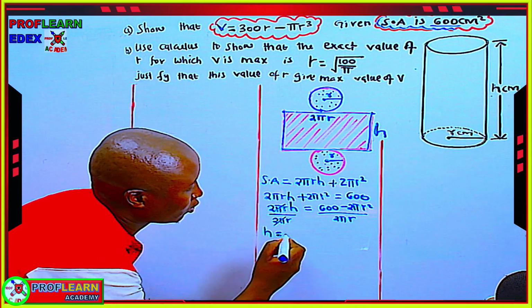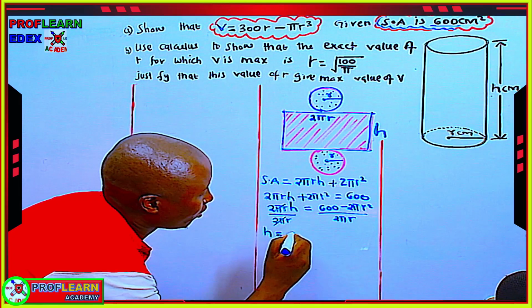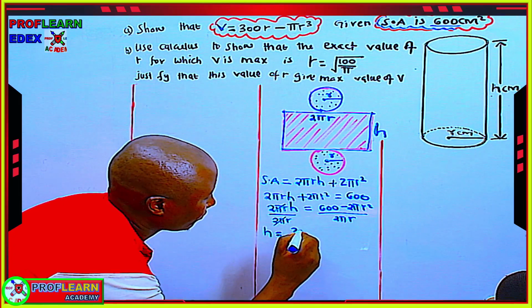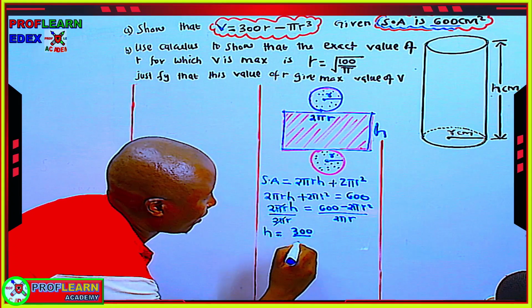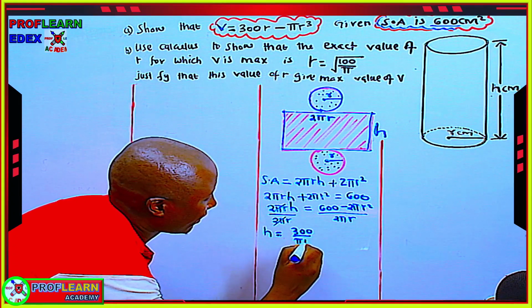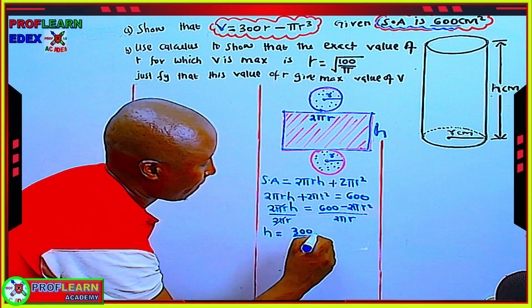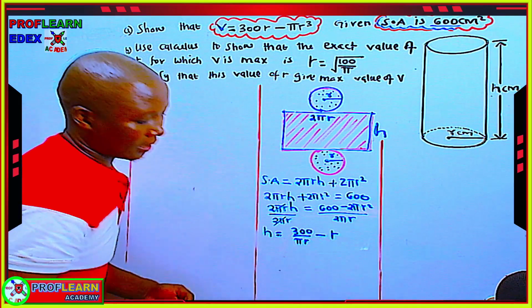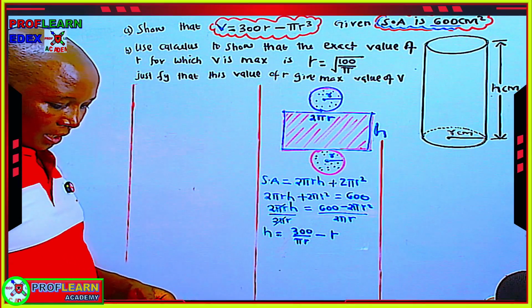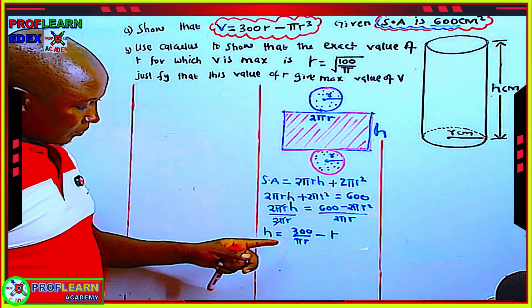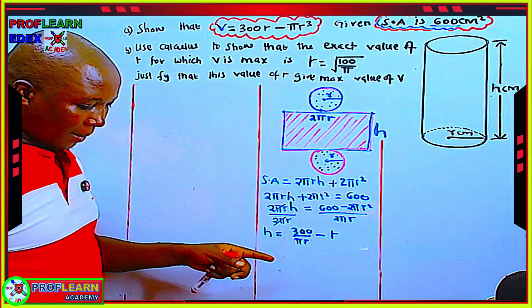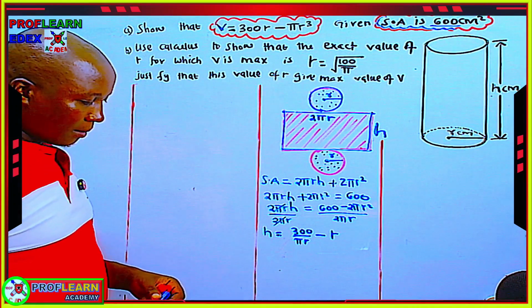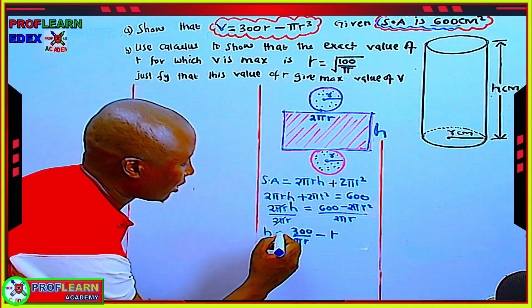Our h is going to be 300 over pi r, minus r. That is the value of h.